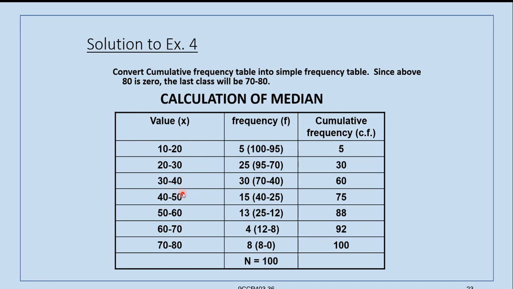So again I repeat, L1 is 30, n by 2 is 50, CF is 30, F is 30, and i is 10.